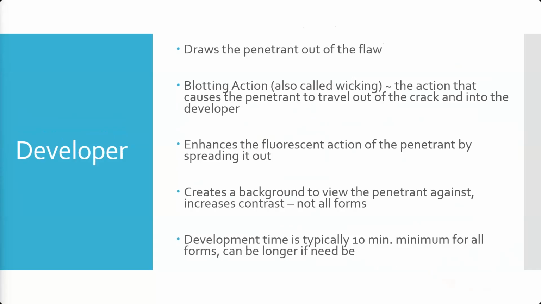But second of all, by creating a white background, if we're using a fluorescent penetrant, when we shine a black light or a UV light on it, it makes that bright green-yellow penetrant show up against a white background really well. Or if we're using a visible dye, like a bright red visible dye, that'll give you that bright red indication on a fairly consistent white background. And so it makes it easier to see.